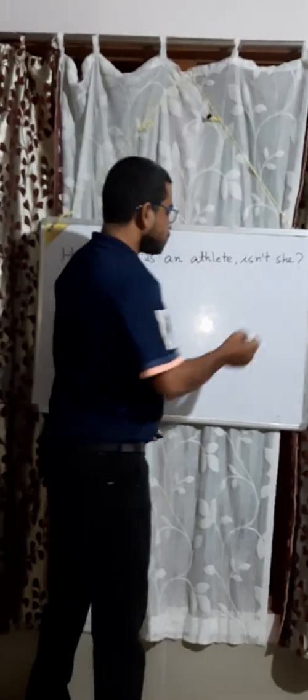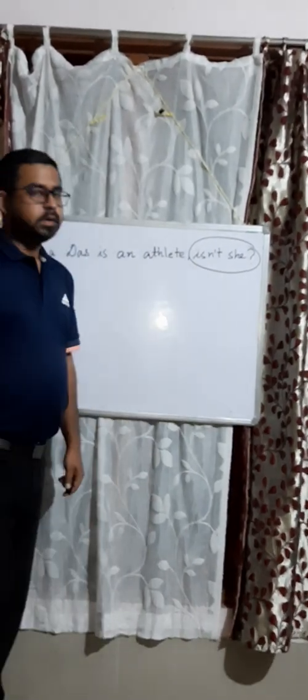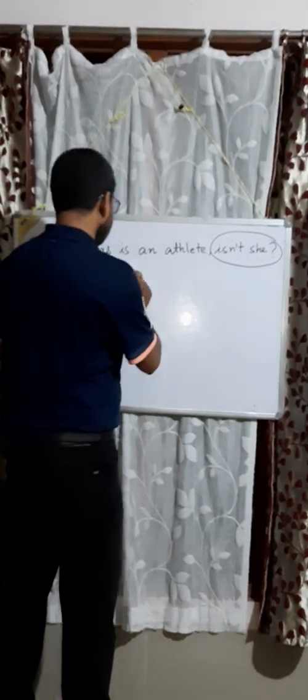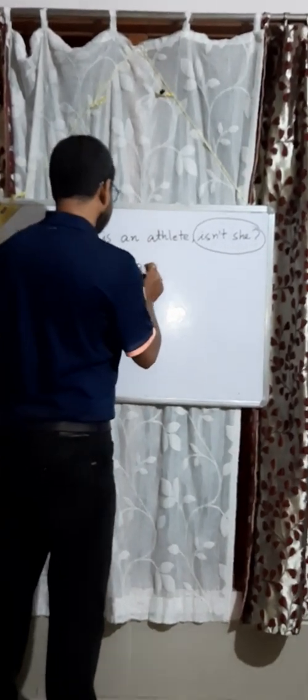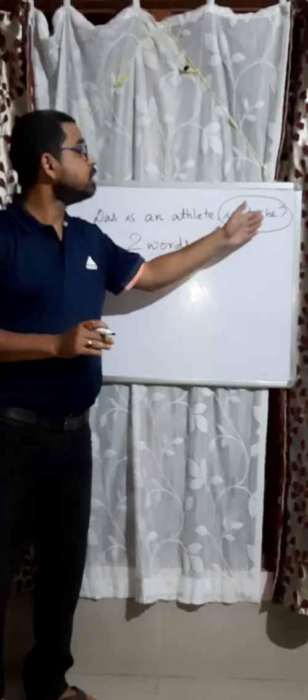Now, let us talk about the structure of the question tag. See, in a question tag, there cannot be more than 2 words. Now, you may say that there are 3 words in this tag, like, is not, she.